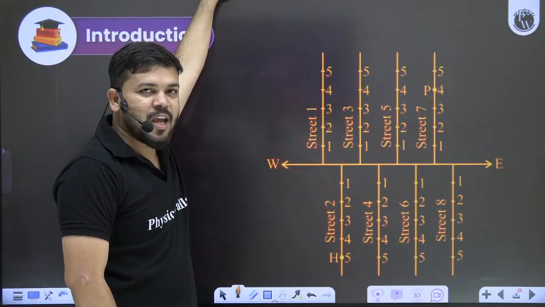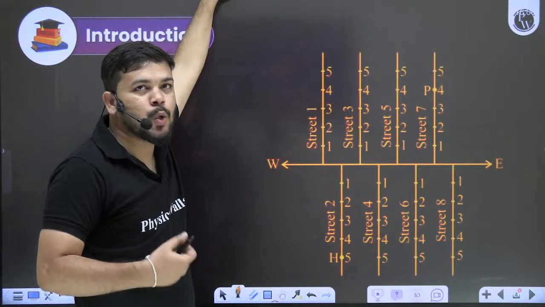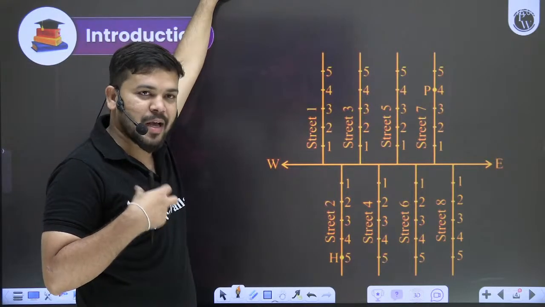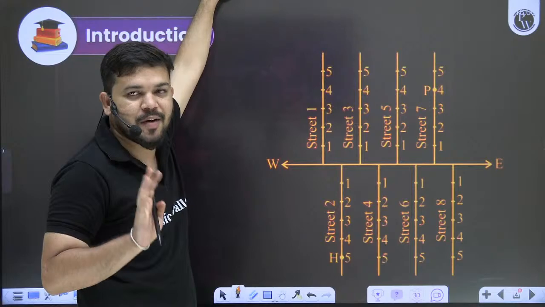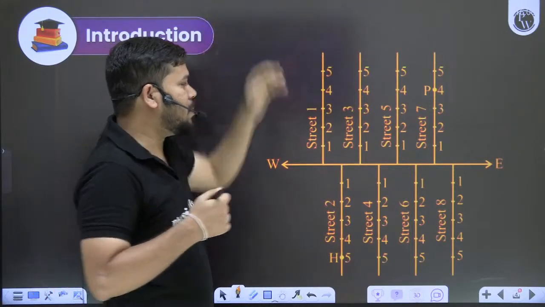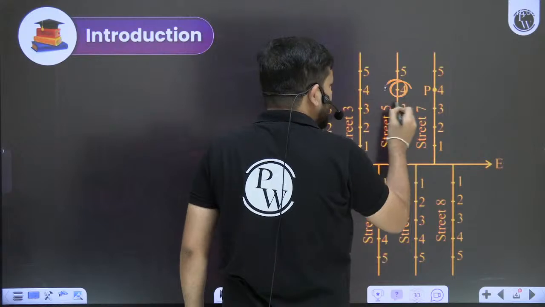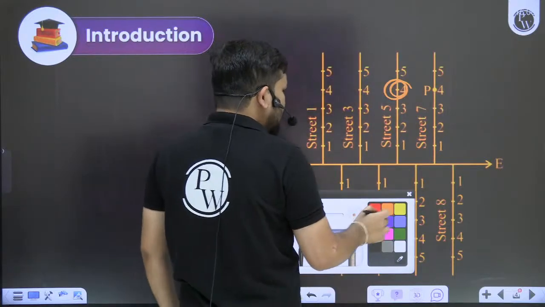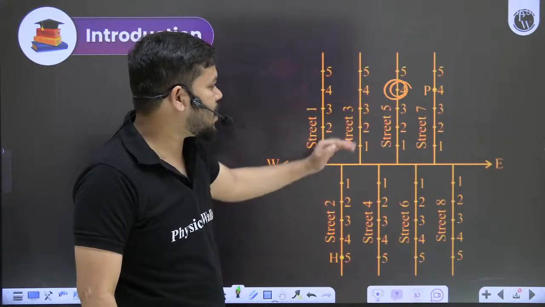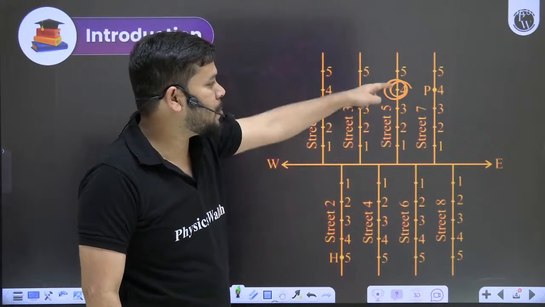If I want to say where my house is, suppose my house is located over here, how are we going to represent this point? You can see street number 4, street number 5, then the house number will be 4. Yes, I will explain the polynomial also, just wait for it, right?